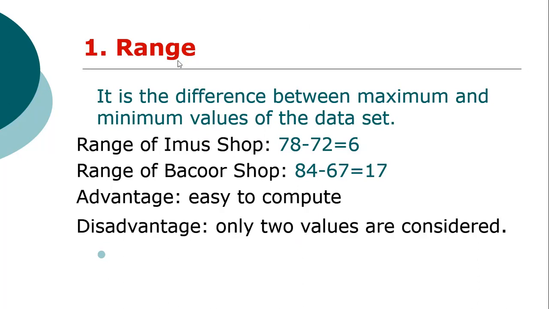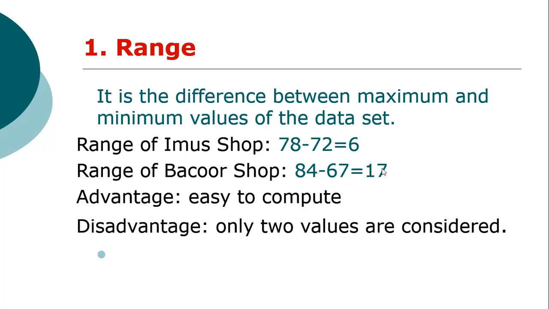Range. When we say range, para makuha natin yung range, kukunin natin yung pinakamataas at saka pinakamababang values. Ganun lang kadali yung range. So, in the Imus shop, ang pinakamataas na value ay 78. Ang pinakamababang value ay 72, which is equal to 6. Sa Bacoor shop naman, ang pinakamataas na value ay 84 and ang pinakamababa ay 67.